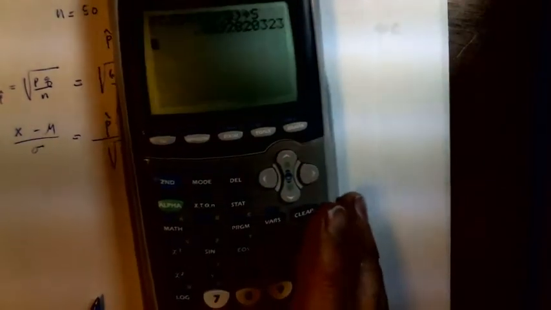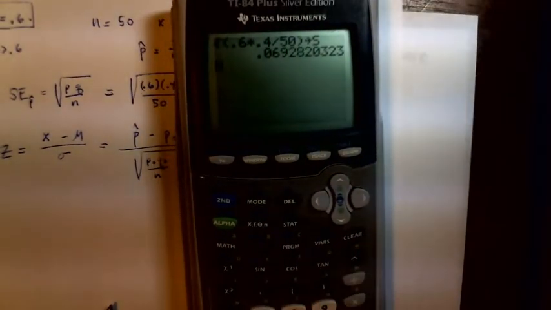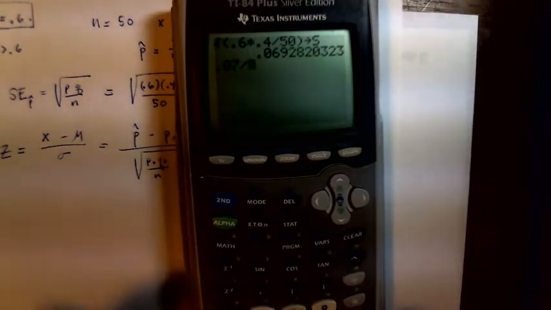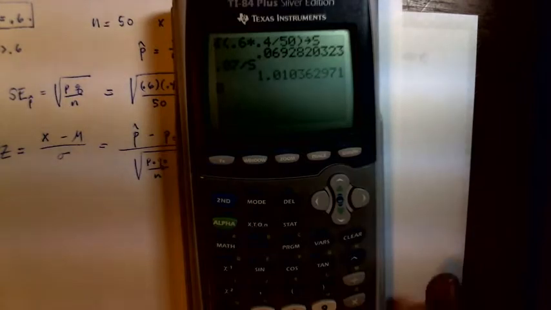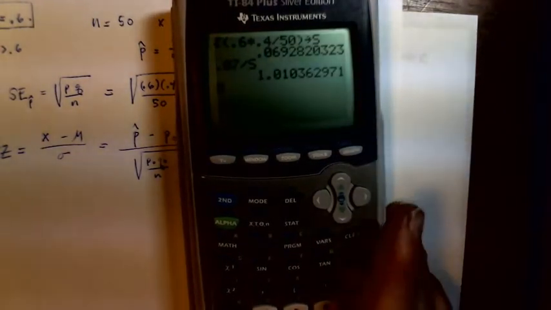Let's look and see what our S is. If we take 0.07 and divide it by our last S, we get 1.01.